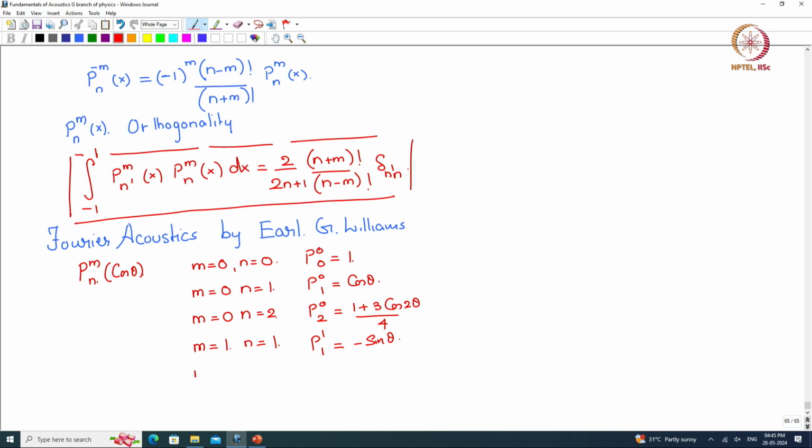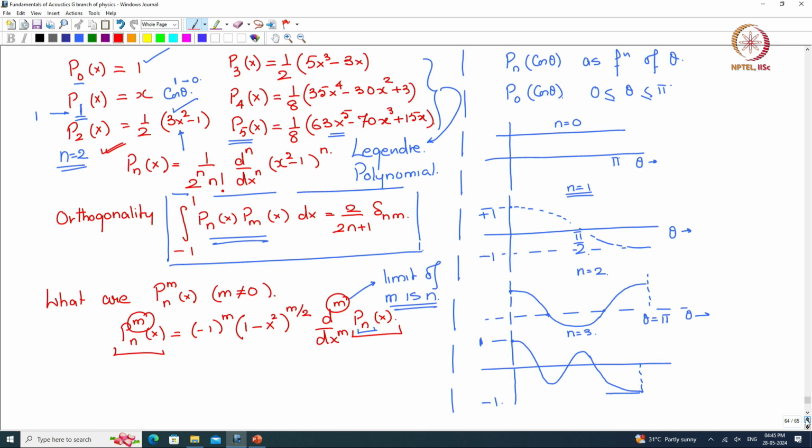If m is equal to 1 and n equal to 2, then P 1 2 looks like minus 3 cos theta sine theta. This can be derived from here.